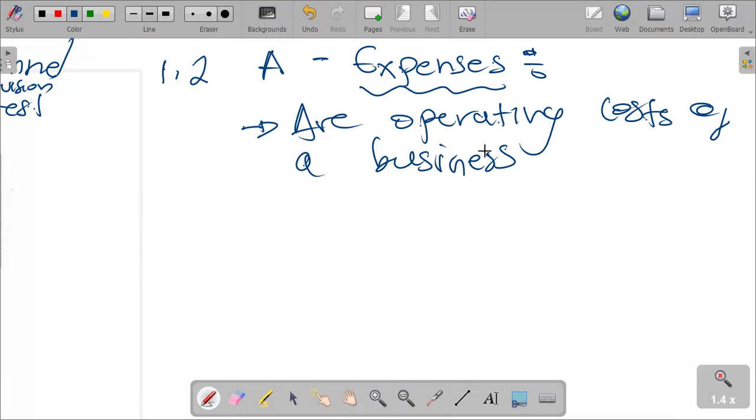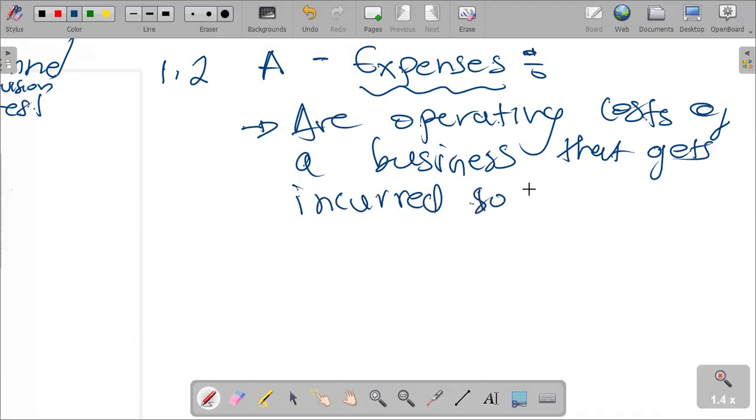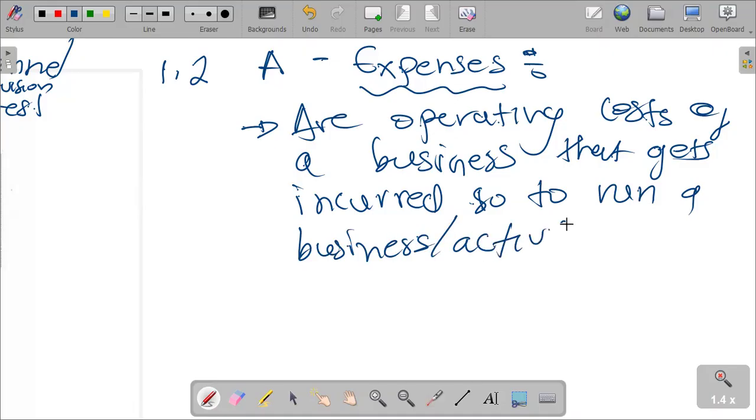So expenses are operating costs of a business that get incurred to run a business or its activities. These are basically the costs that you need to pay for in order for your business to operate.